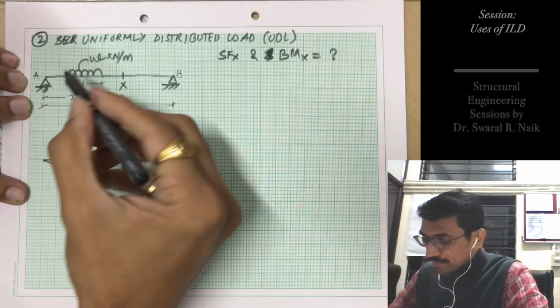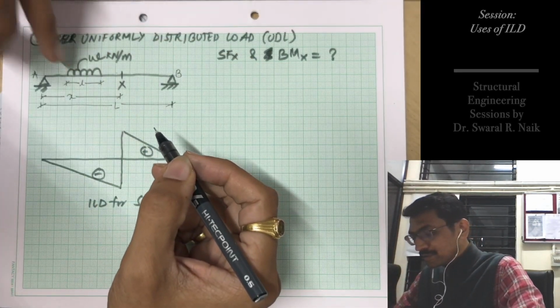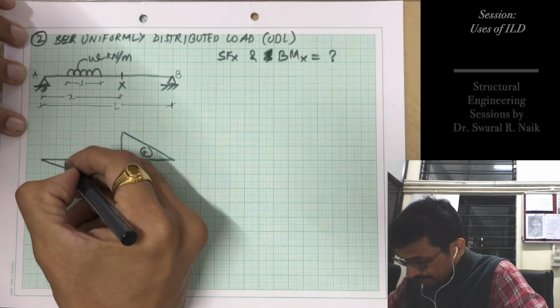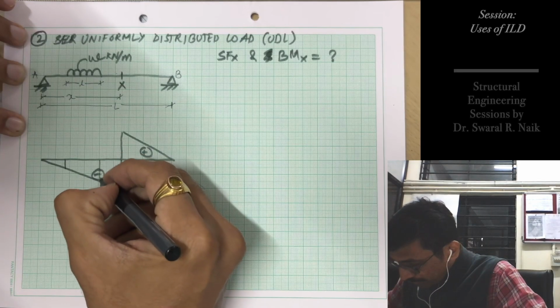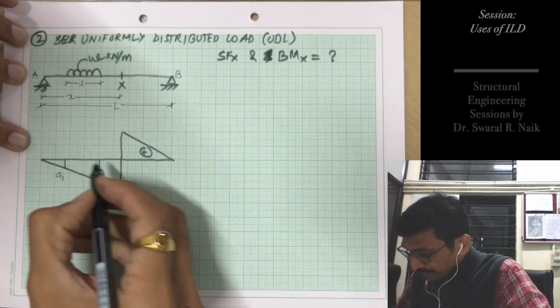So in point loads we were having W into that ordinate, W2 into that ordinate. Instead of those ordinates we have these two ordinates only, which are A1 and A2.